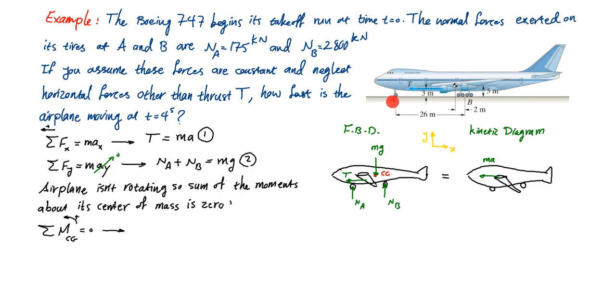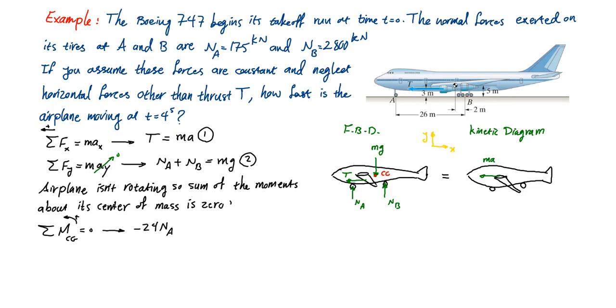And then I have to find the distance it has from the center of gravity, which is 26 minus 2, so that would be 24. And the direction is in this direction, right? NA times the distance, and the moment it creates about center of gravity is counterclockwise, so that would be negative. So this gives me minus 24 NA.